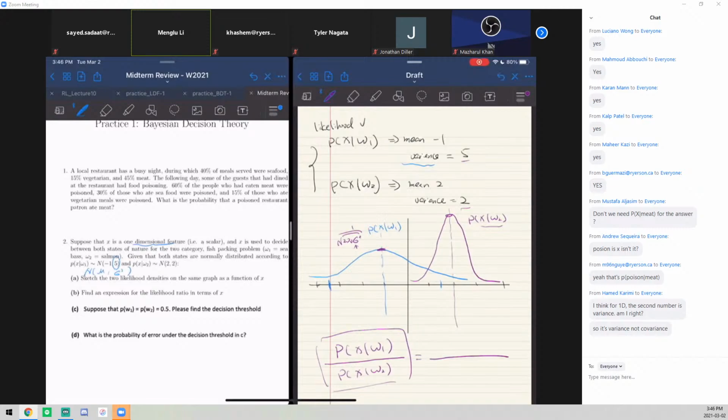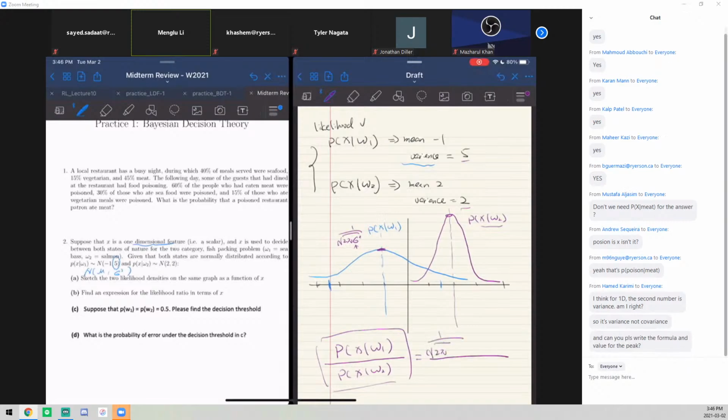I'm going to write the formula, because for the drawing we didn't need it: we know the mean and the variance, then we can draw the picture. But for the ratio, I can just write down the formula.